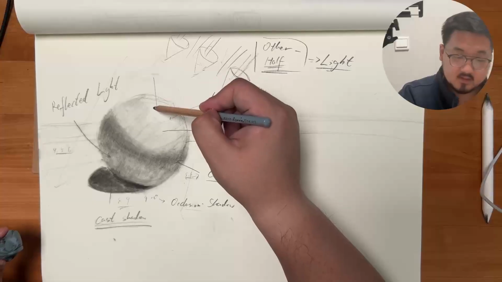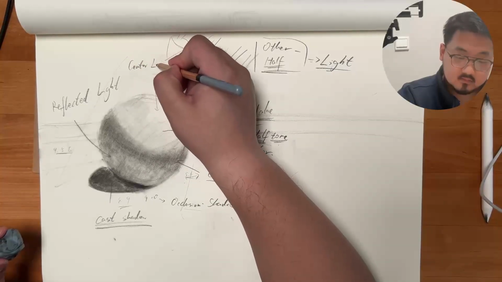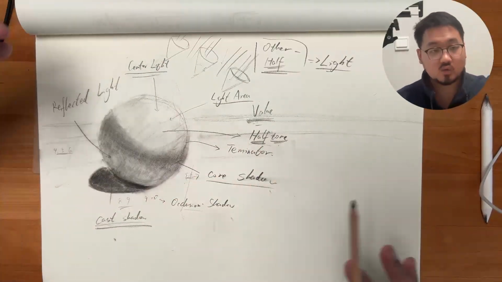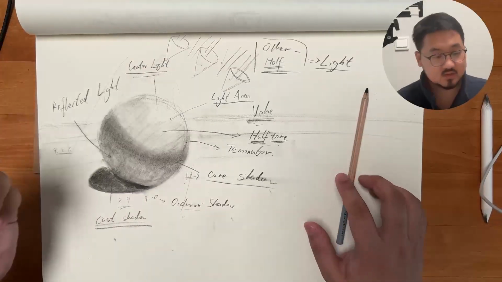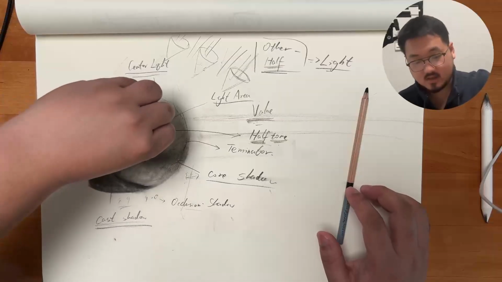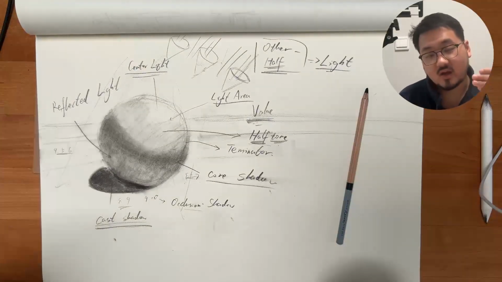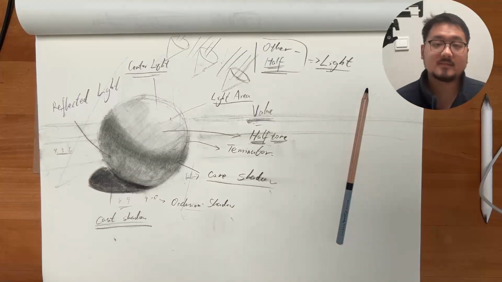The center light will be the lightest area of the whole light area, right? So this will be the lightest area. I'm just going to use this to rotate and erase everything because that will be really, really bright. This is the brightest part of the direct light.